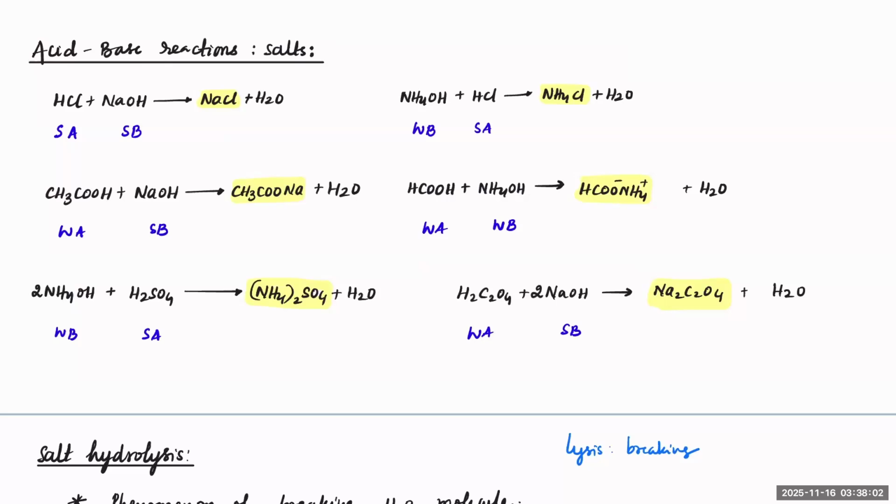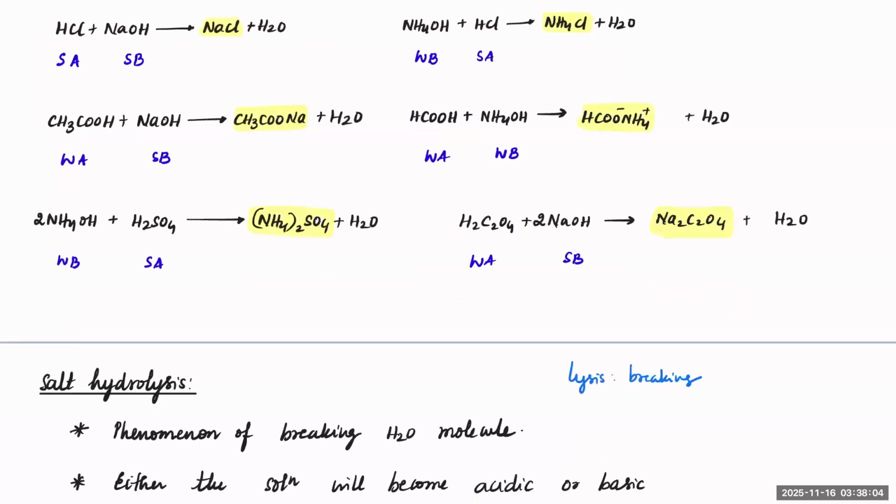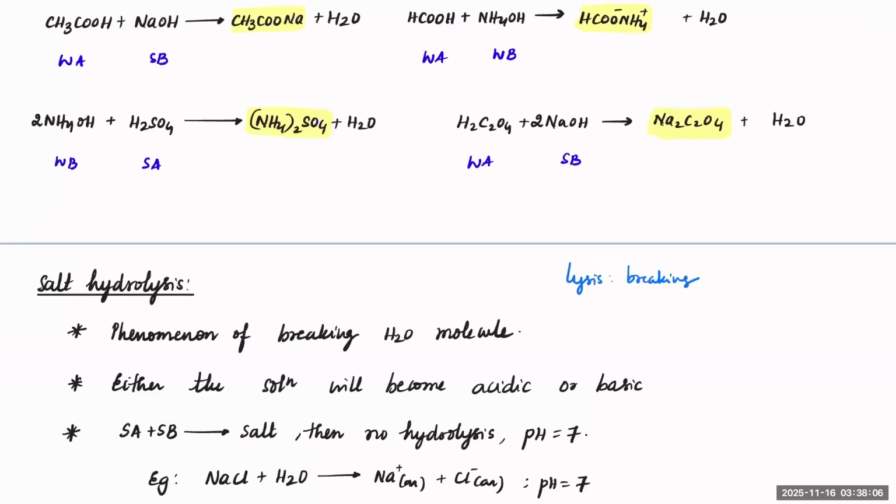Clear, everybody? Now, if that is the case, then we will expect a concept called hydrolysis. Lysis, a Greek word, means breaking, correct? Which means you are trying to break the water molecule. Hydro means water molecule, lysis means breaking. So henceforth, wherever you see this term hydrolysis in organic reactions or everywhere, it means that you are trying to break the water molecule. Got it?